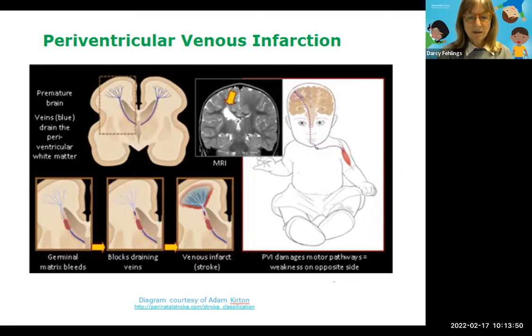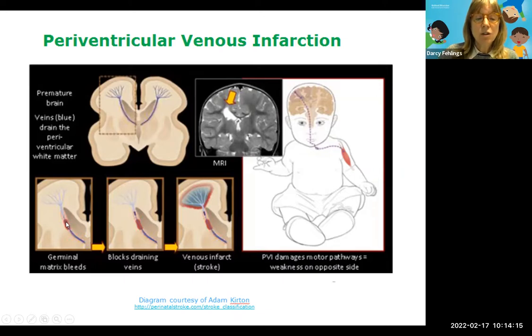This diagram is courtesy of Dr. Adam Curtin, a pediatric neurologist, one of our colleagues from Calgary, Alberta. And it explains the etiology behind the periventricular venous infarction in a preterm brain. This can happen also in utero or in the prenatal period.